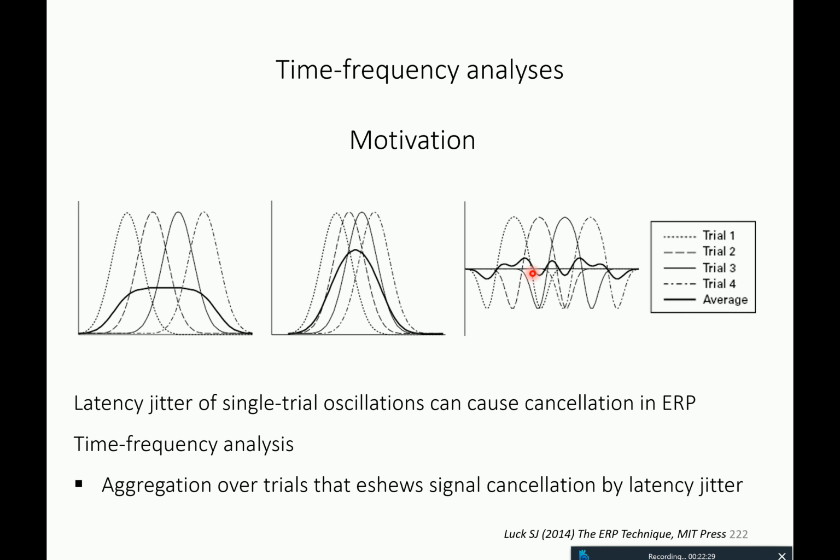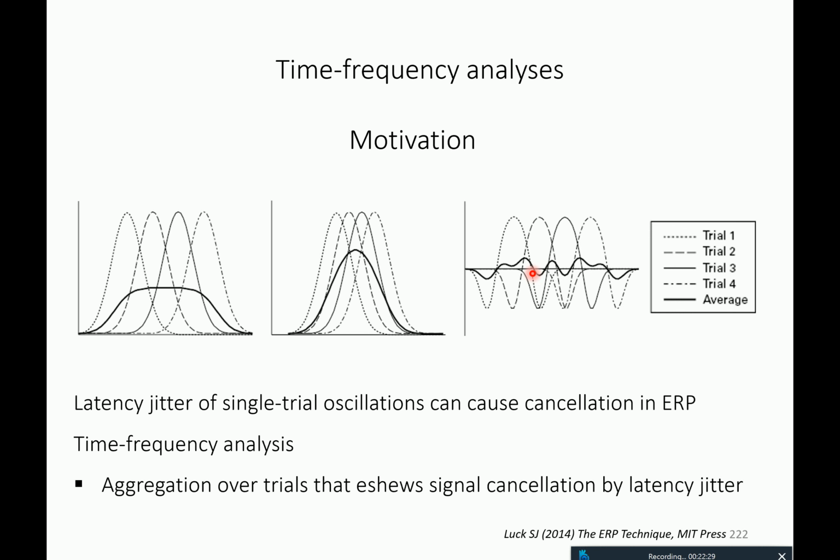Of course, one can create neural models that create sine and cosine waves. One can also create neural models that create event-related potentials that don't have this prototypical sine wave form.